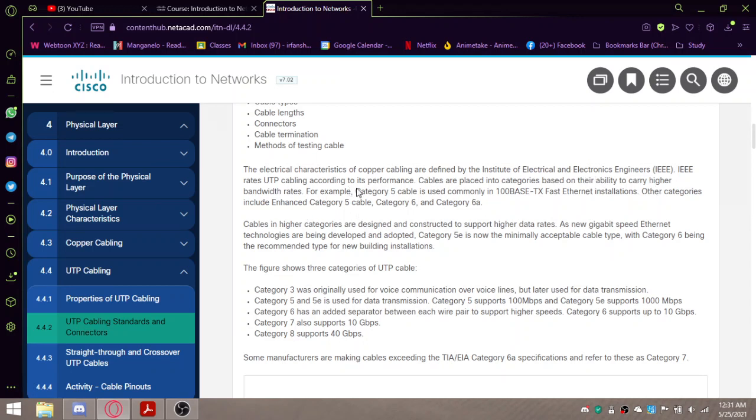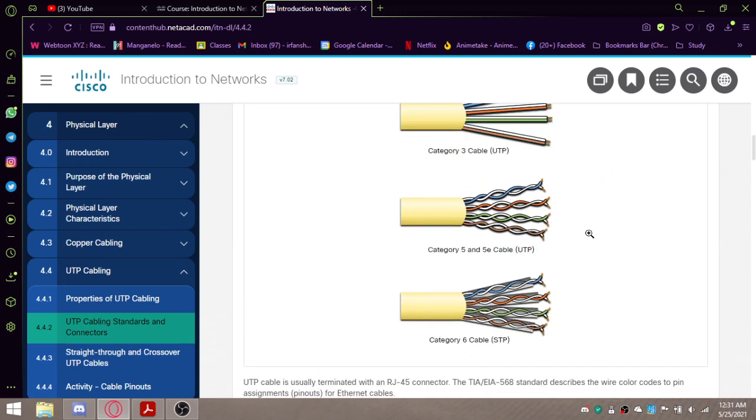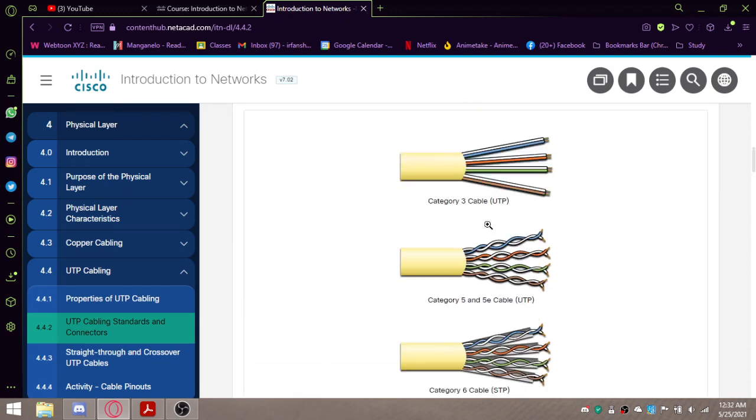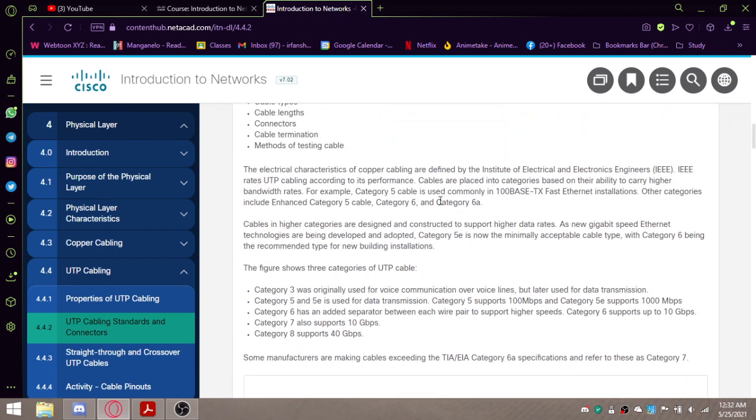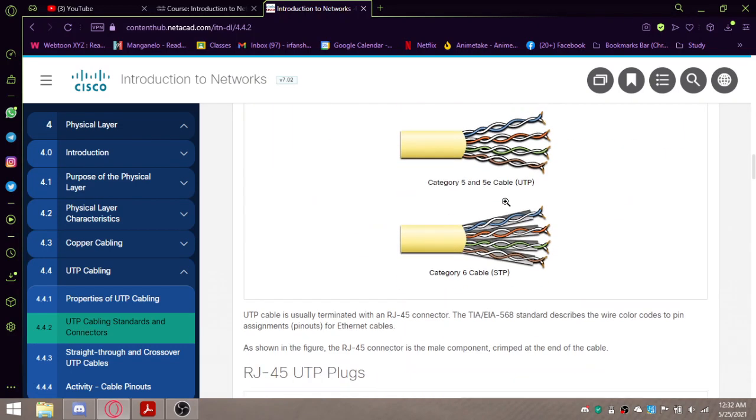For example, Category 5 cable is used commonly in 100BASE-TX Fast Ethernet installations. Other categories include Enhanced Category 5, Category 6, and Category 6A.